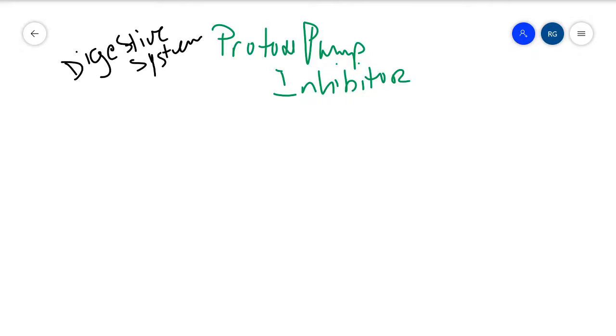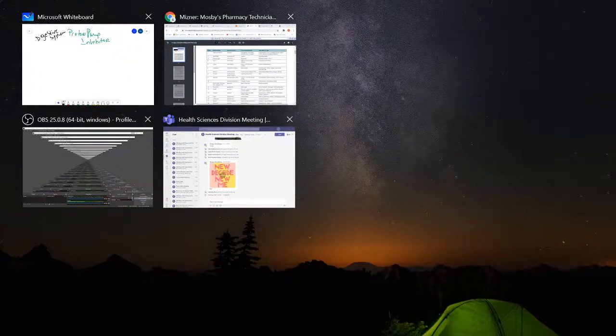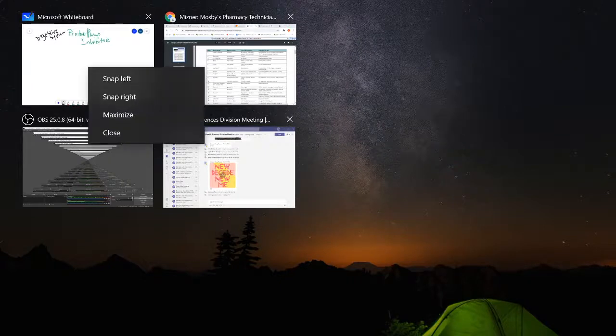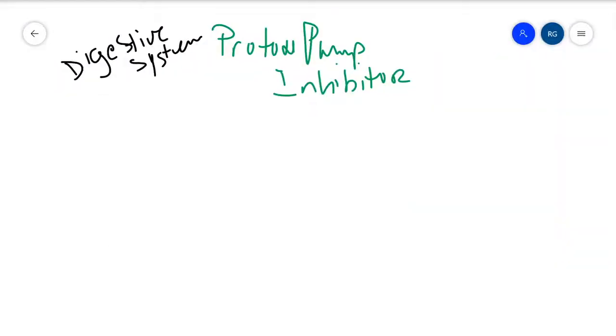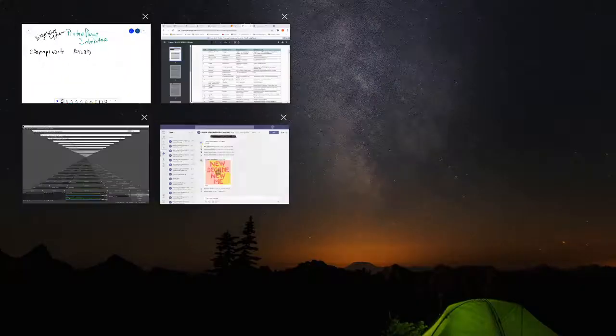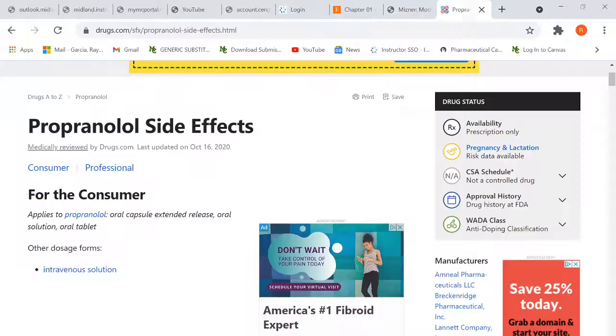It's always good to know which system it falls into, so it keeps you understanding that GERD is dealing with the esophagus. Esomeprazole, it's for GERD. And let's look at the side effects to it.